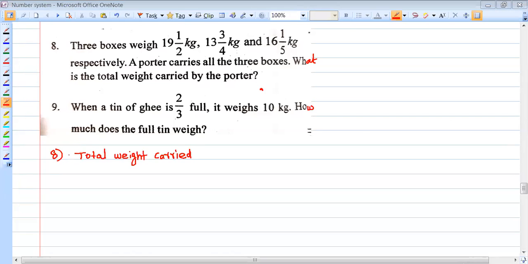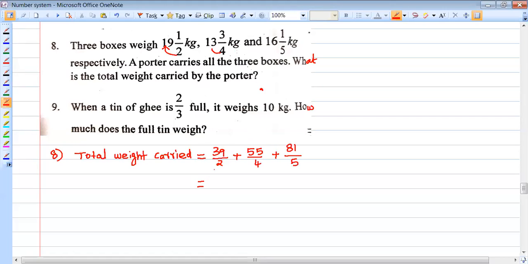Actually, you can complete this question in two methods. Let me tell you the normal method. Total weight carried: 19 2s are 38, 38 plus 1 is 39, so 39/2 plus 13 4s are 52, 52 plus 3 is 55, so 55/4 plus 81/5.